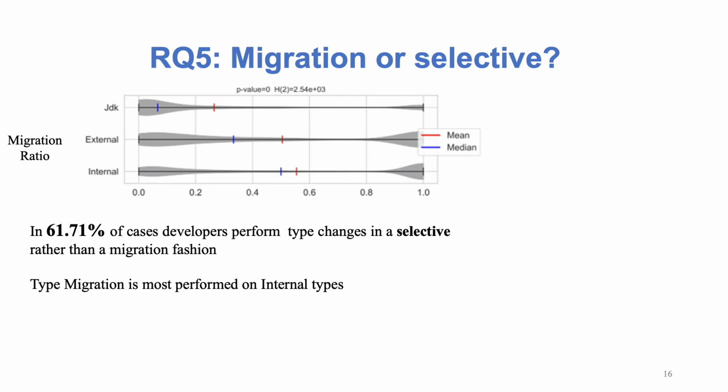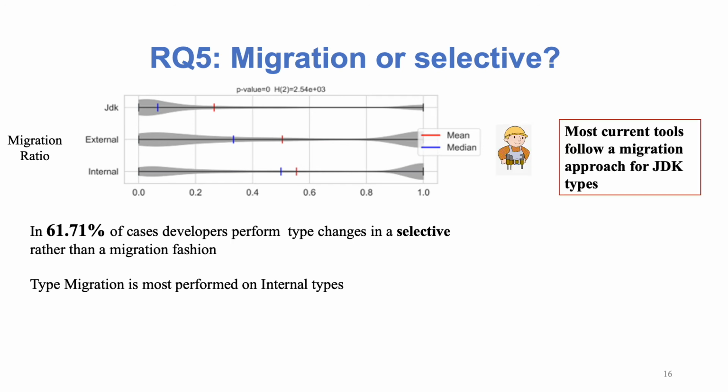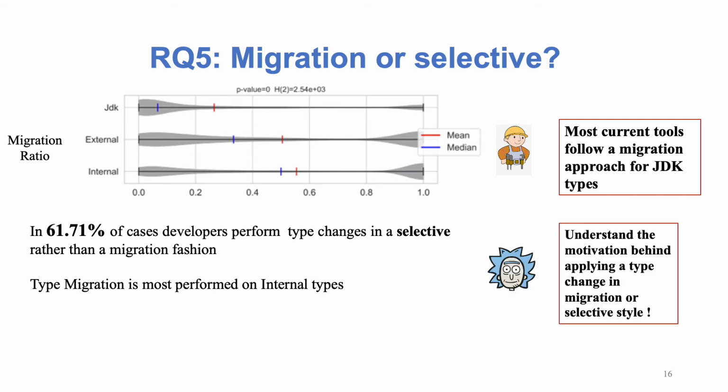And that too, when they perform a type migration, they usually involve internal types. This highlights a big blind spot in the current tooling, which focuses on creating type and class migration tools for JDK types. Moreover, it will also be very interesting to understand what motivates a developer to apply a type change in a selective or a migration manner.